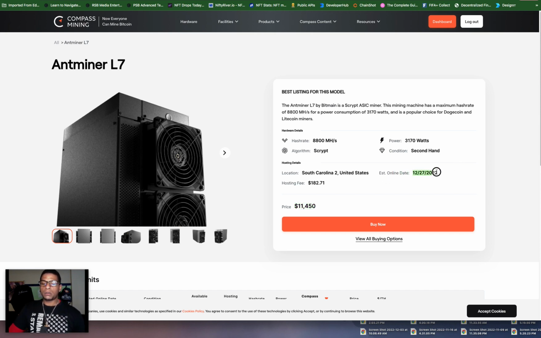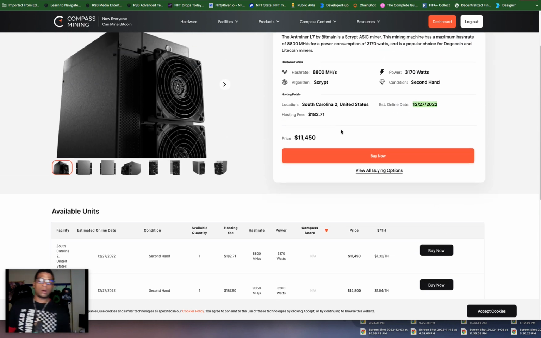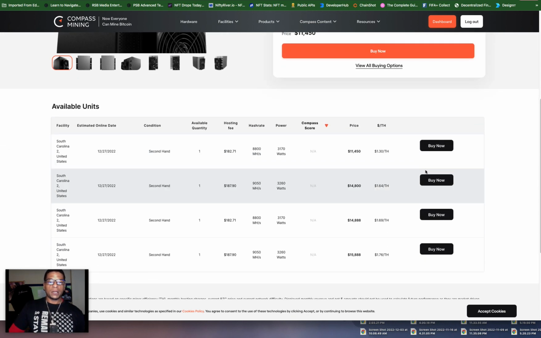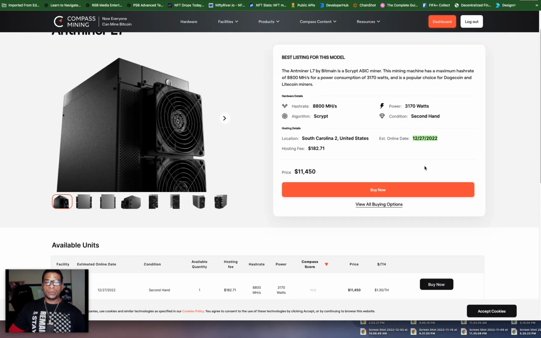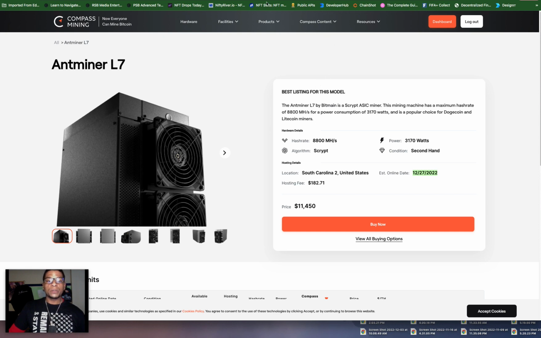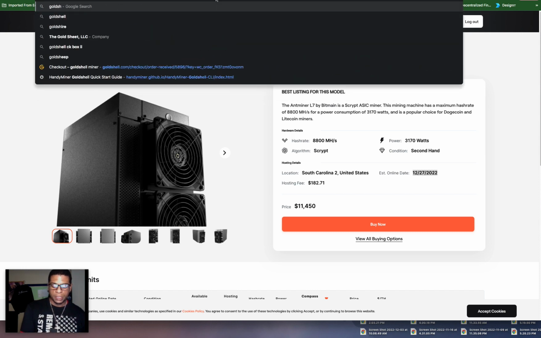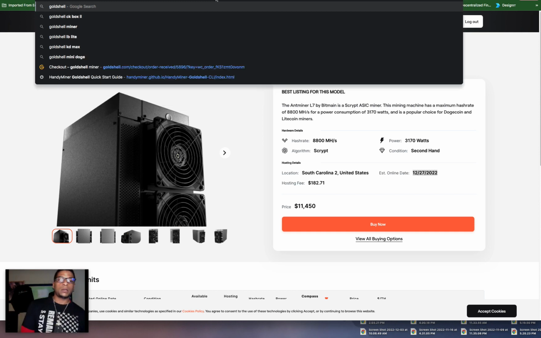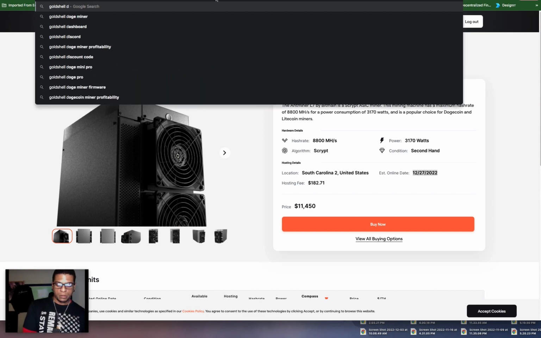That's pretty high. These numbers are not easily accessible for a lot of people, but there is other equipment that people can look into. Some of those, for example, if we went to Gold Shell, I believe they make a Doge miner.